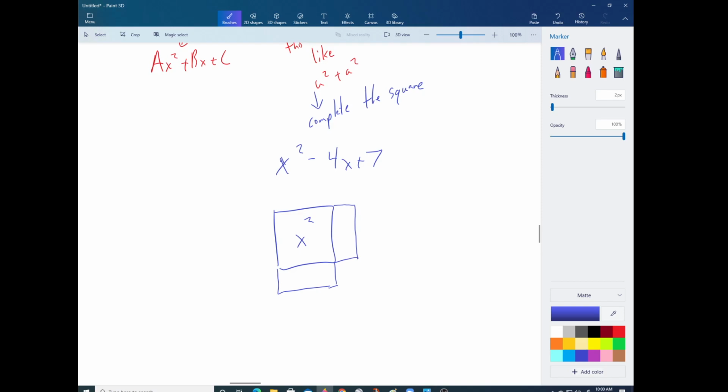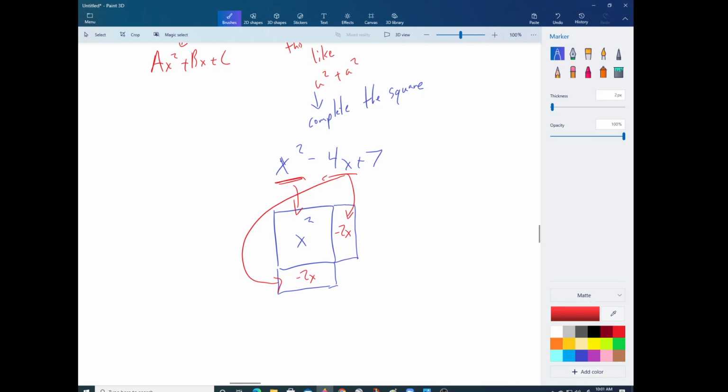But what we're going to do is we're going to take our x squared, put it in the x squared box. We take our 4x and we split it in half, exactly in half, so that we get a negative 2x and a negative 2x. And this 7 just hangs out.